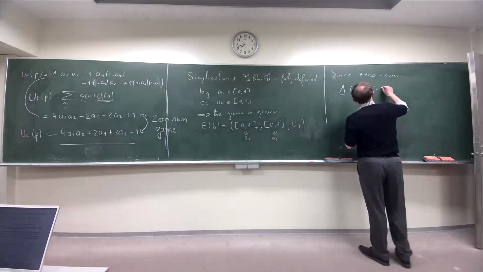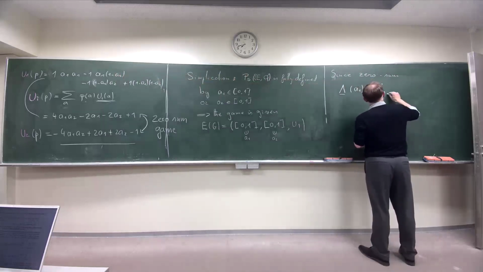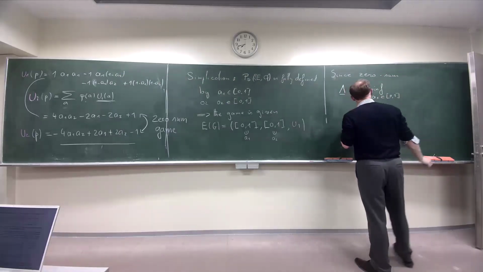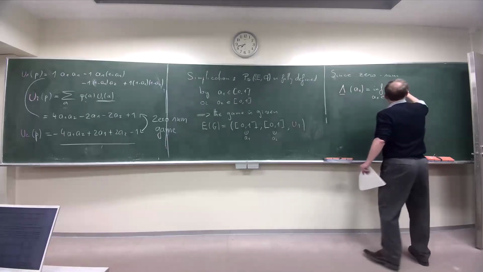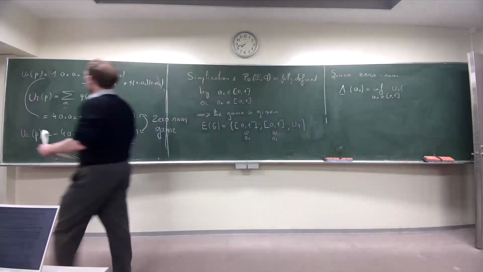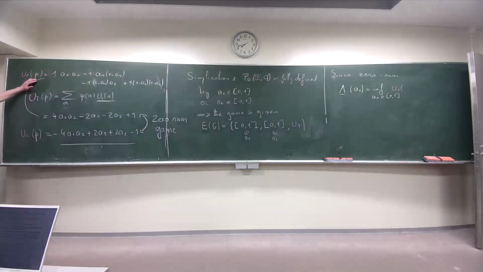It is the infimum over A2 belonging to, now I use this simplification, A2 is just a number between 0 and 1 of U1. And if I want to be precise, I should write P. But again, P tells you which mixed strategy is taken by the first player and which strategy is taken by the second one, and it's entirely defined by the two numbers A1 and A2.